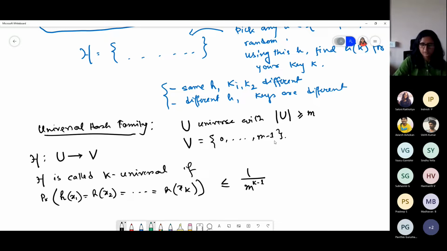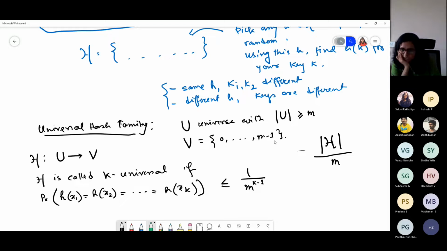That is, if the hash family has size of h and my number of slots is n, then this will be my probability of collision. In that case, that family is called a universal hash family.